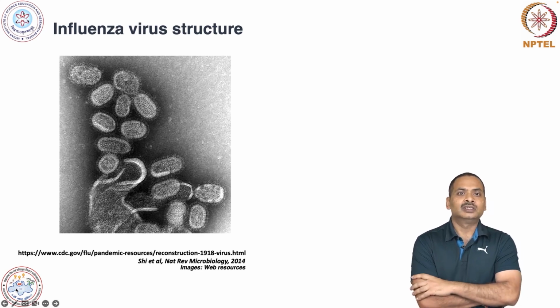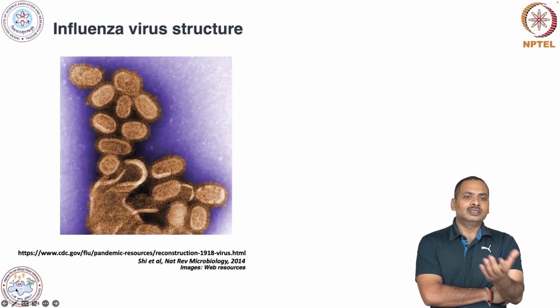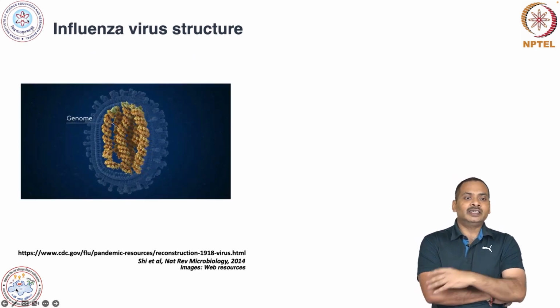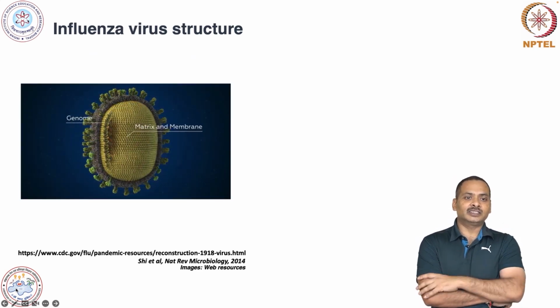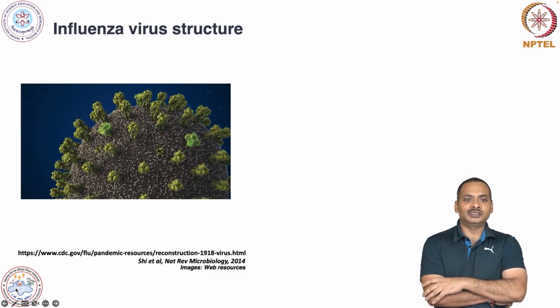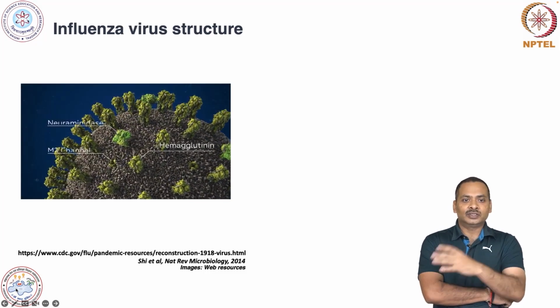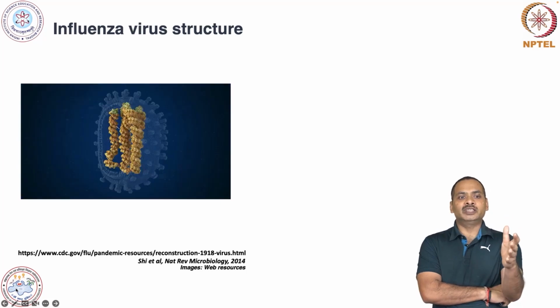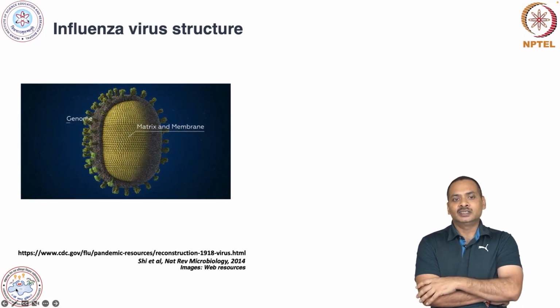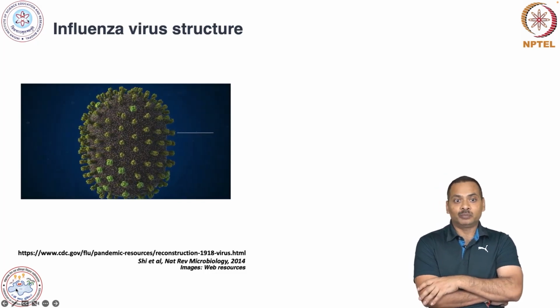This is the original electron micrograph, and this is a pseudo colored electron micrograph. And here you can see a very nice schematic. This will give you an idea of how the virus is. Here you can see the HA protein, neuraminidase and M2 channel, and the genome is arranged inside the viral particle.